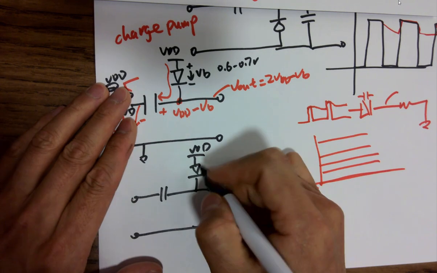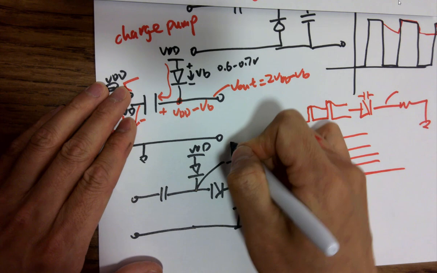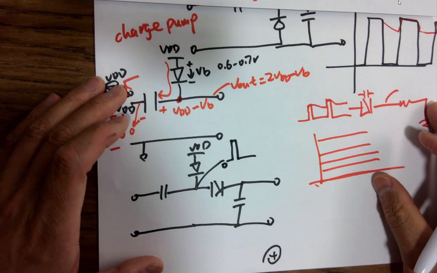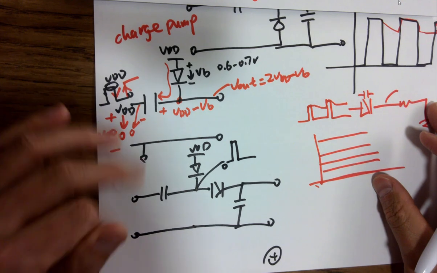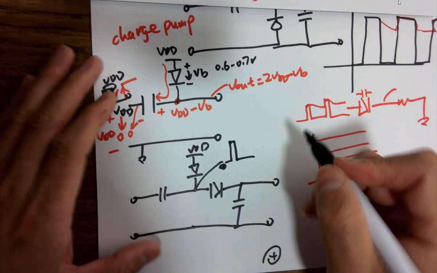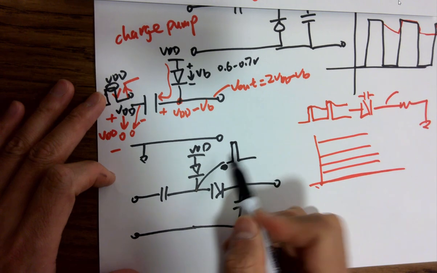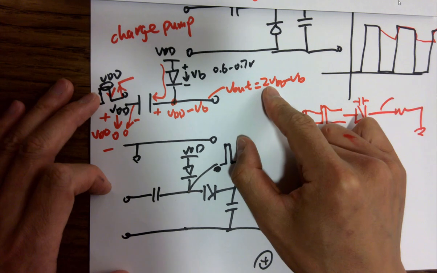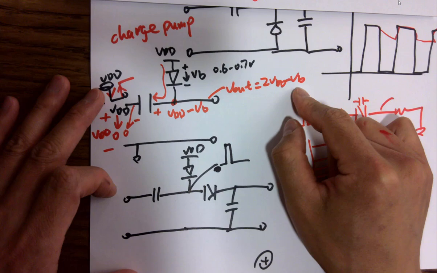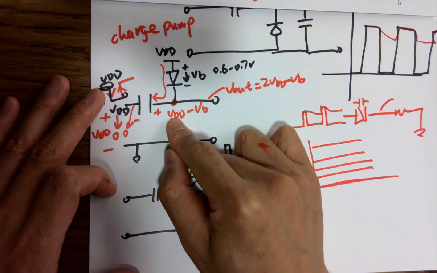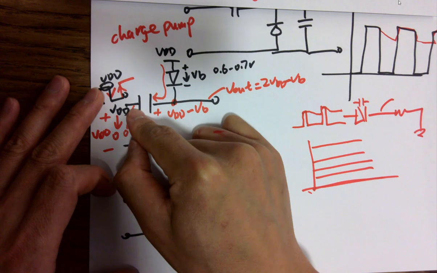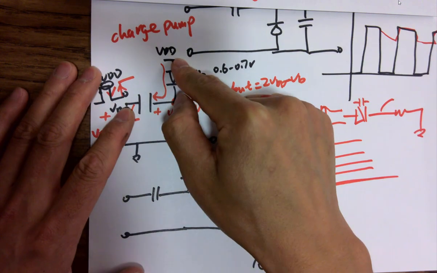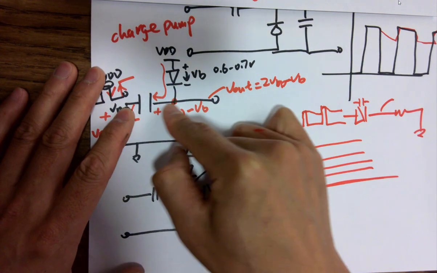So you are getting, remember this is from 0 to what? It's not even 0 actually. It's oscillating from where to where? Now remember here, it went up to 2 VDD minus VB, and it was VDD minus VB, because whenever this pin is being put down to 0, it's draining that source here to dump charges to the cap.